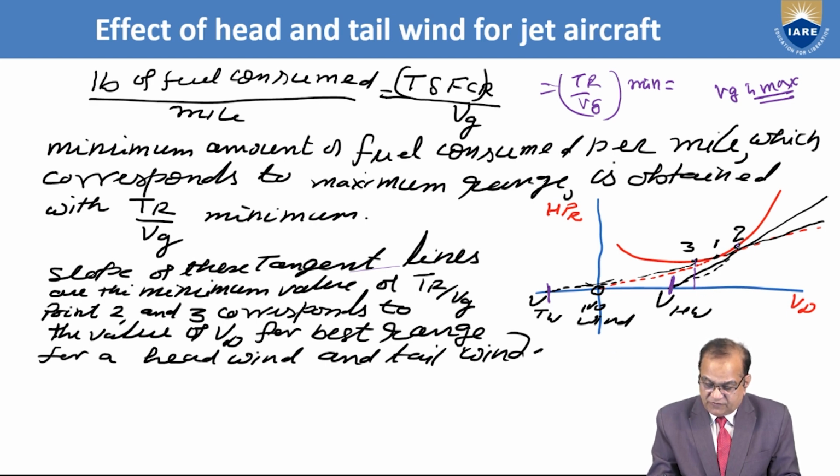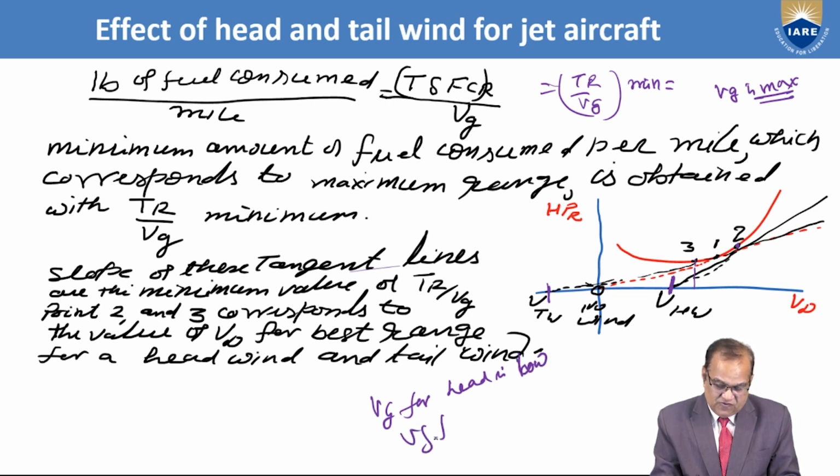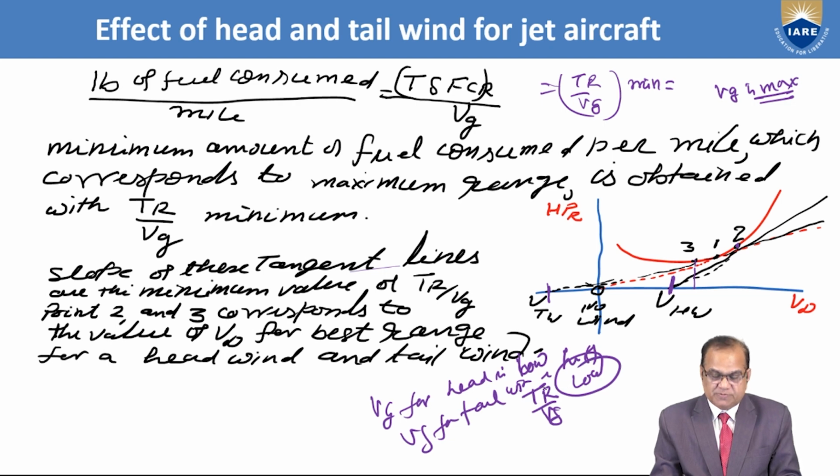So here the fuel consumption, because Vg for headwind is low, and Vg for tailwind is high. So if Vg is high, TR by Vg will be low, and the specific fuel consumption of your aircraft will be reduced.